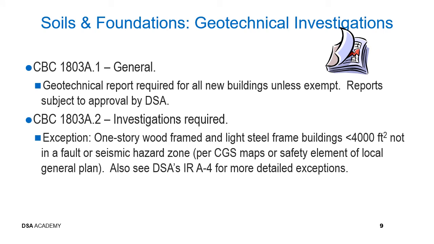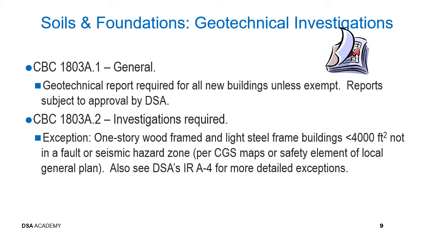Geotechnical investigations. California Building Code 1803A.1 is for general requirements when geotechnical reports are required for new buildings unless exempt. Reports are subject to approval by DSA. CBC 1803A.2 is for investigations when they're required.